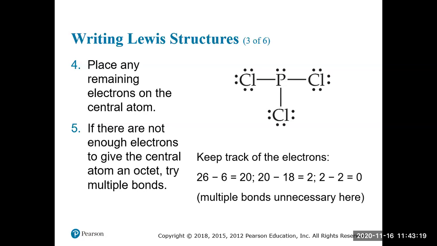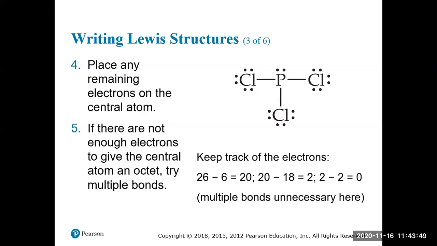For the phosphorus, we have three bonds where we're sharing with chlorine. So that's a total of 6 bonding electrons that we're sharing. And then we have the 2 free electrons as well. So that is our total of 8 electrons around the phosphorus. So we're good there too. We have satisfied the octet rule for phosphorus and also each of the chlorine atoms.